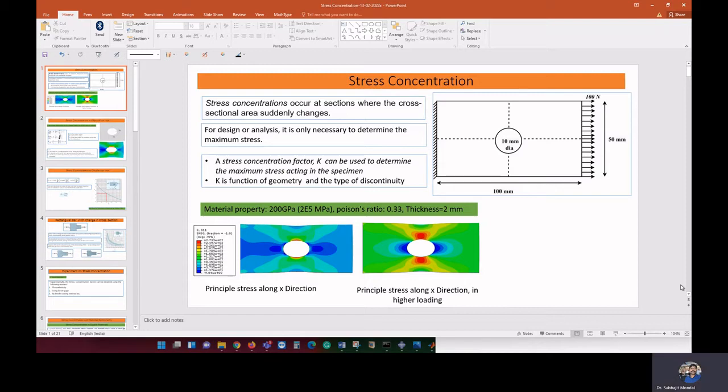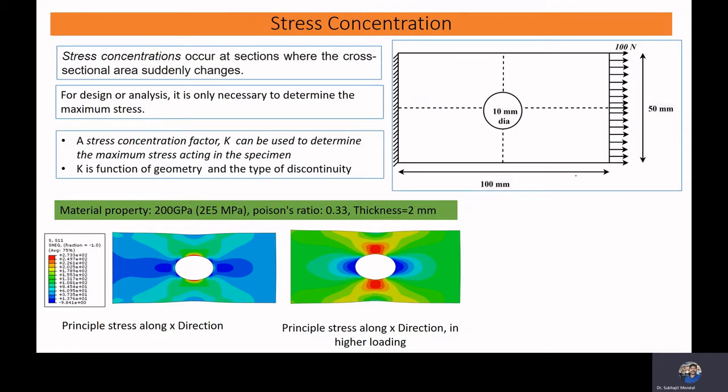So stress is force by area. If we have a bar like this, and we apply some load here, and this side we make fixed, then force by the cross-sectional area is your stress, which is denoted by sigma.